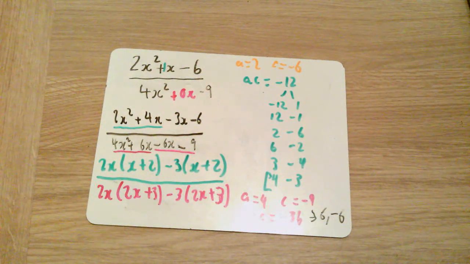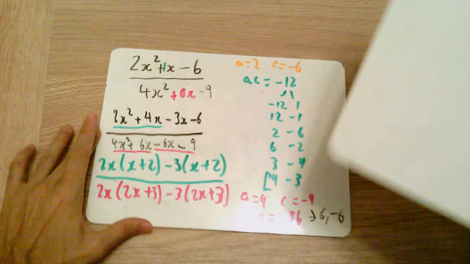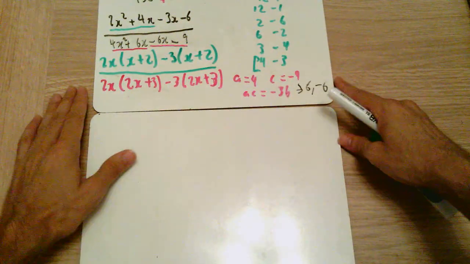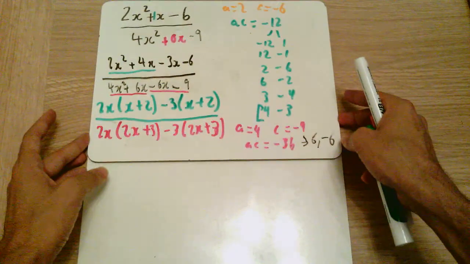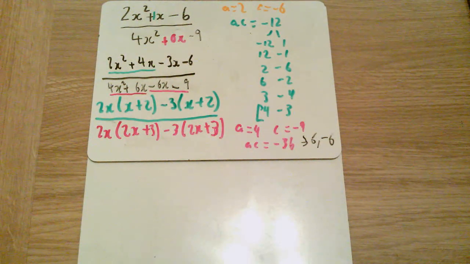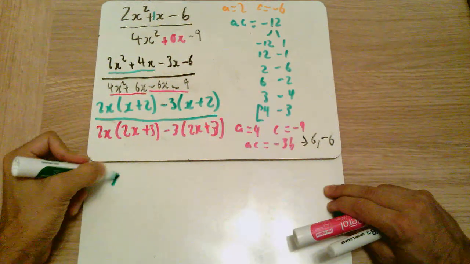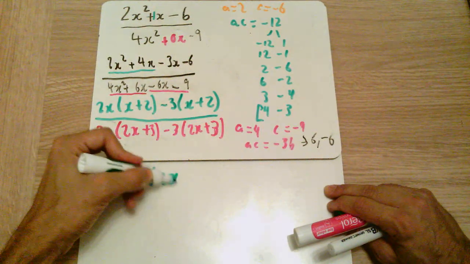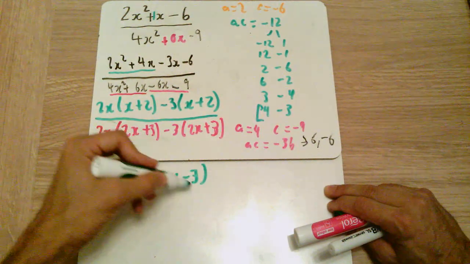Now I'm just going to rub out or bring aside another board just to help us finish this up. So from this, to finish this up, let's bring this over here. If we now factorize out the top over here, x plus 2 is common to both. So we have x plus 2 brackets 2x minus 3.